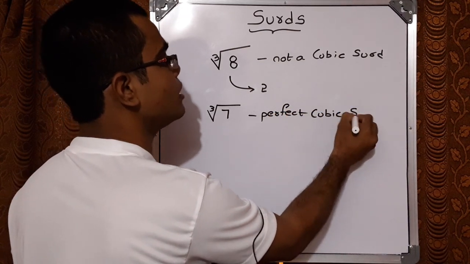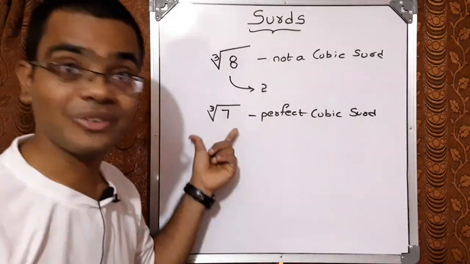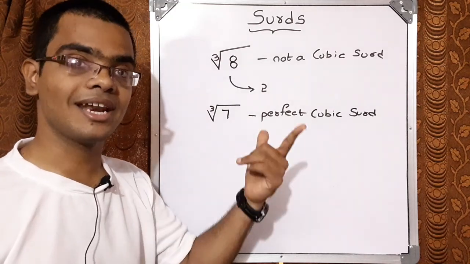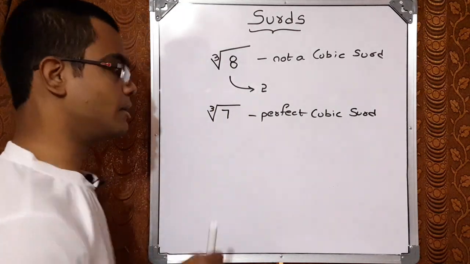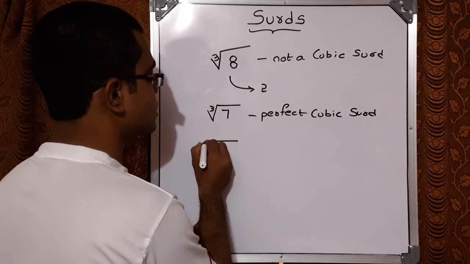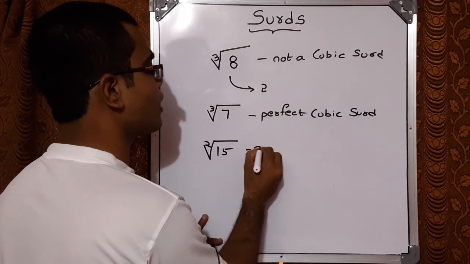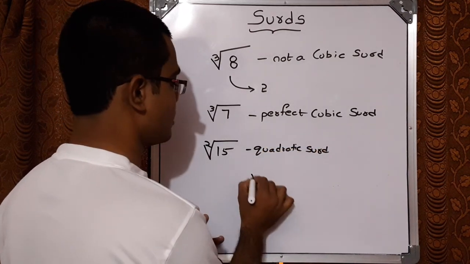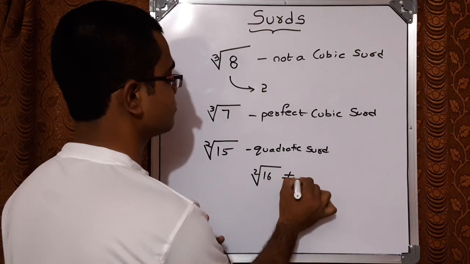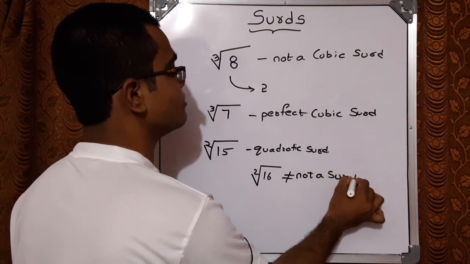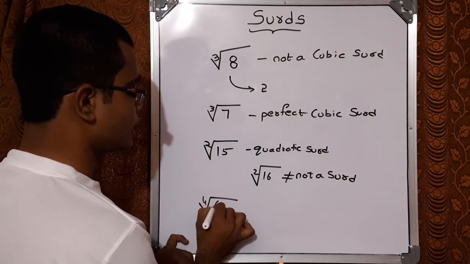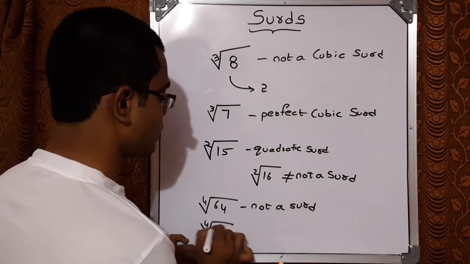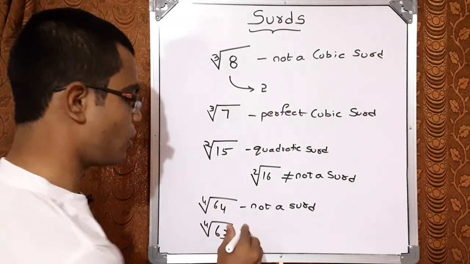So surd means you should not get the answer as a rational number. Now students, don't get confused, rational numbers and real numbers. This is a real number but not a rational number. Square root of 15 is a quadratic surd and square root of 16 is not a surd. Similarly, fourth root of 64, answer is 4, so this is not a surd. But fourth root of 63, because there is no rational answer, can be called a surd.